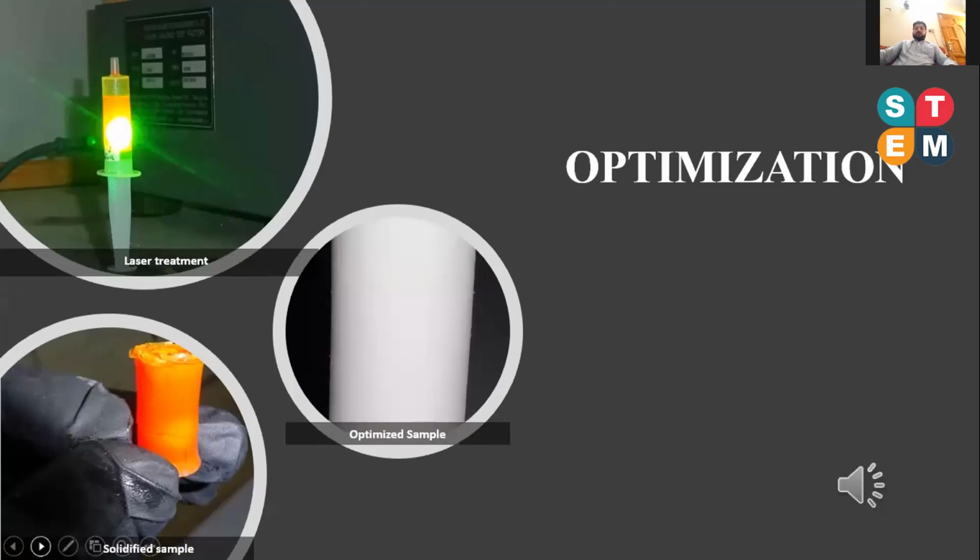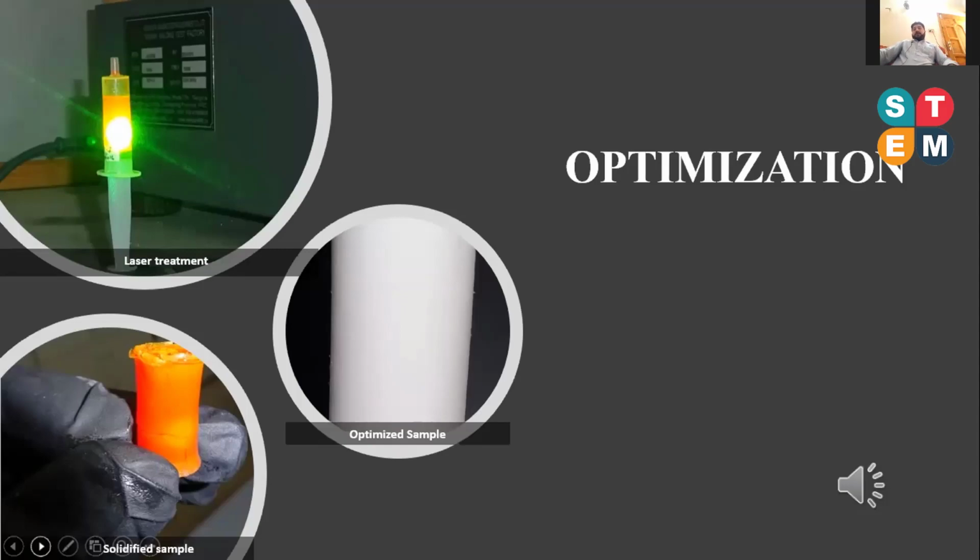In picture number 2, the solidified sample is removed from the syringe by cutting the front edge of the syringe and pushing the sample out. The solid sample shows little coloration due to the use of a dye which carries out the rapid solidification and absorbs the UV light.